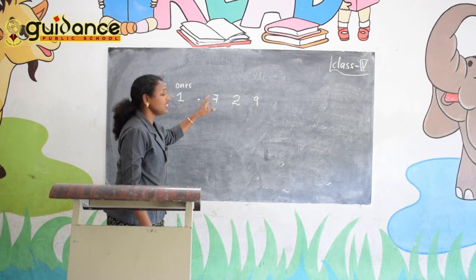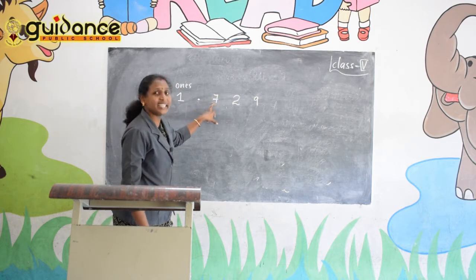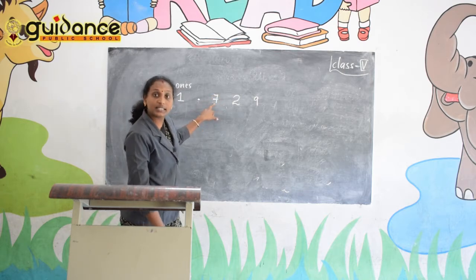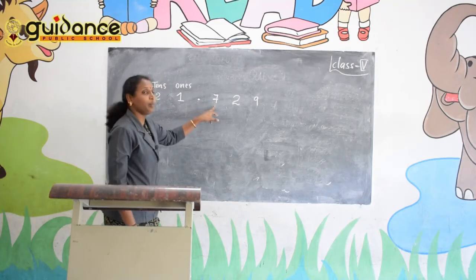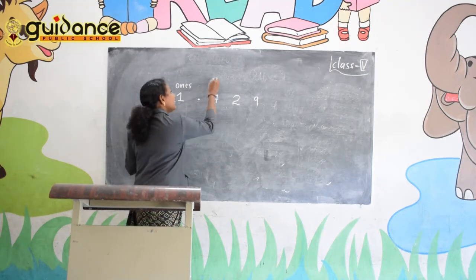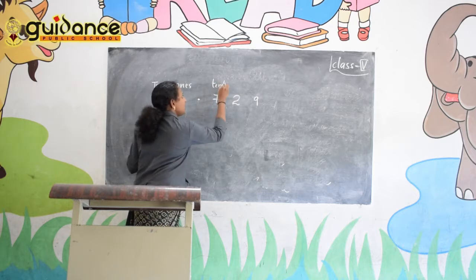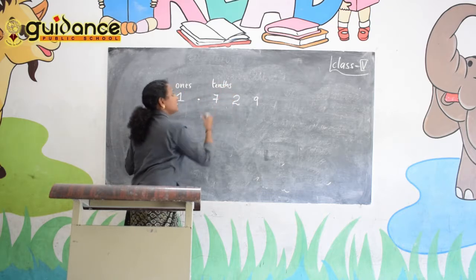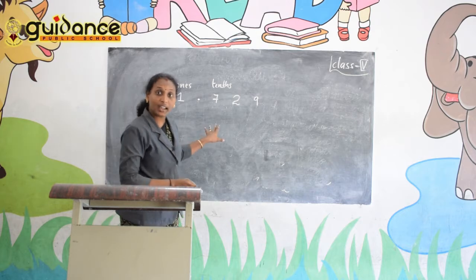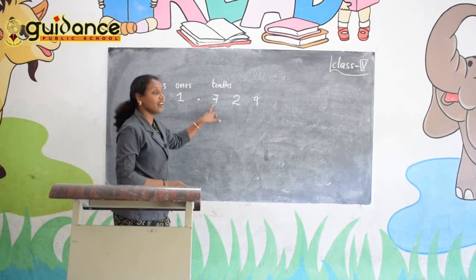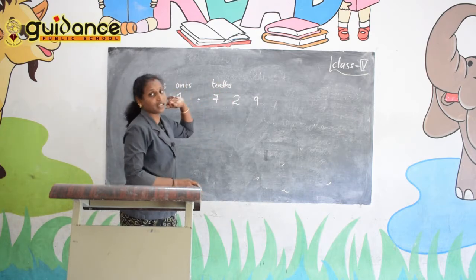And after this decimal point, the digit 7 is there. The place of 7 is tenths, T-E-N-T-H-S. That is, 7 is in the tenths place.